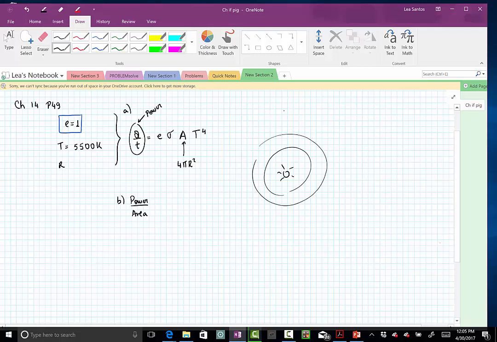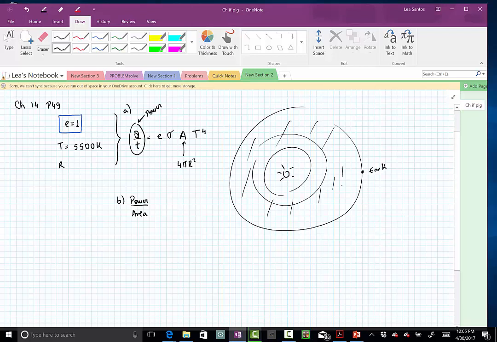Okay, and it will eventually hit Earth, which is down here. So this whole big sphere here is the sphere of the power that the sun is emitting, which is hitting Earth. We want to know what is this power per unit area.